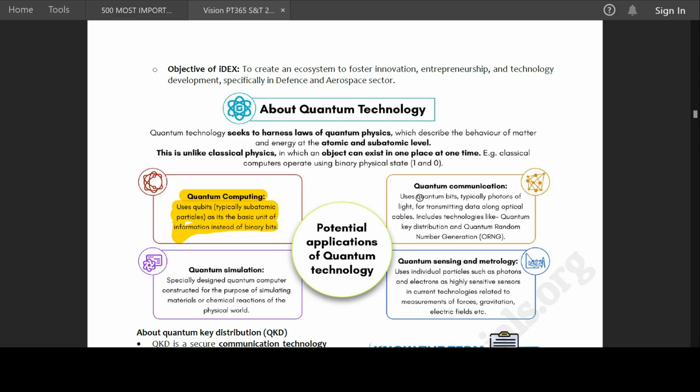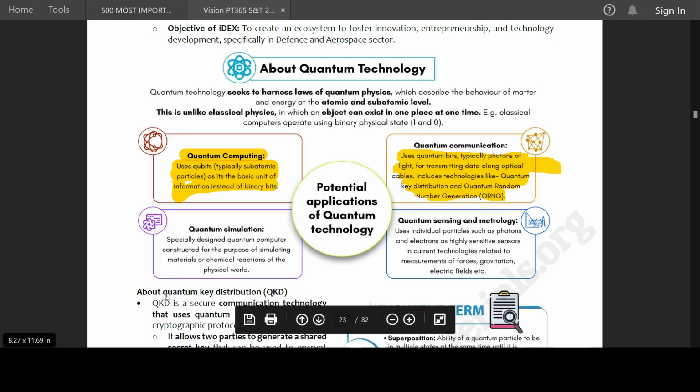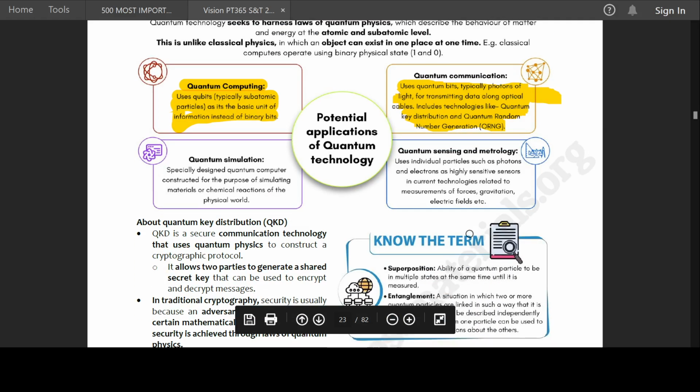Quantum communication uses quantum bits, typically photons of light, for transmitting data along optical cables, including technologies like quantum key distribution and quantum random number generation.